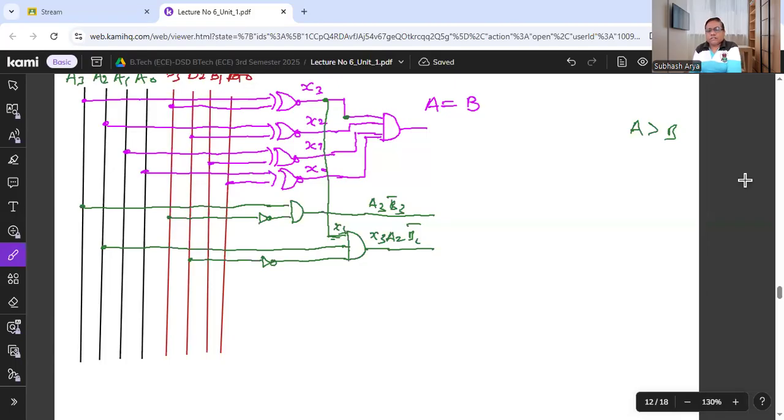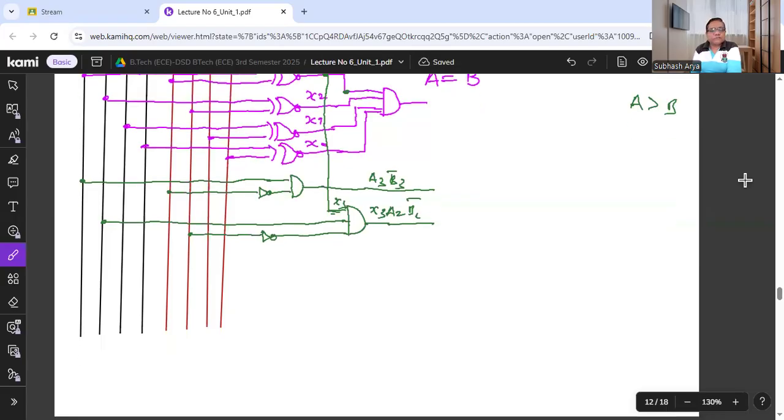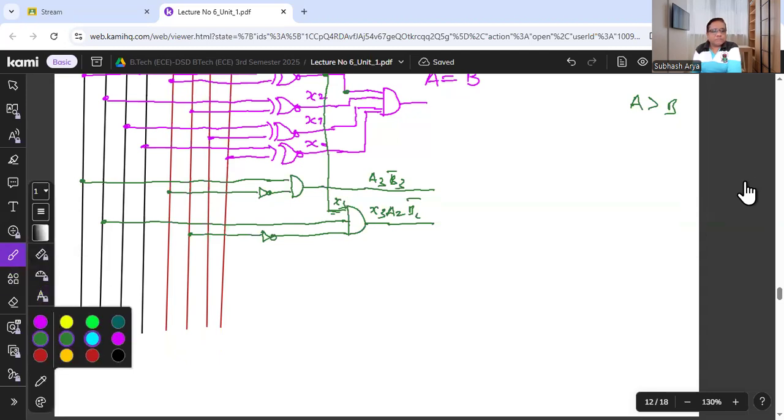These two are there. Now the third case, it means we have to take x3. Let me use another pen. So I take x3 from here only.